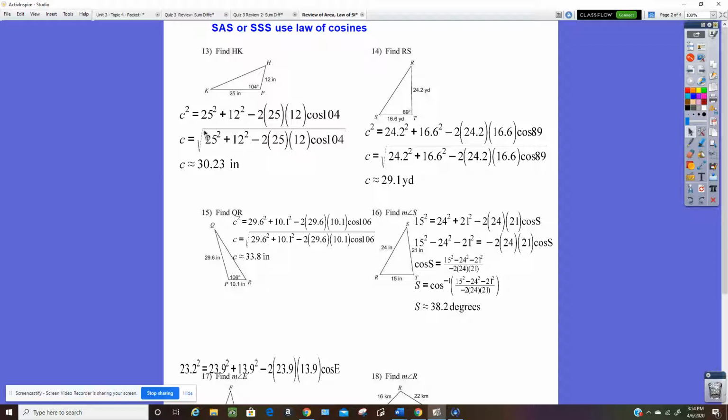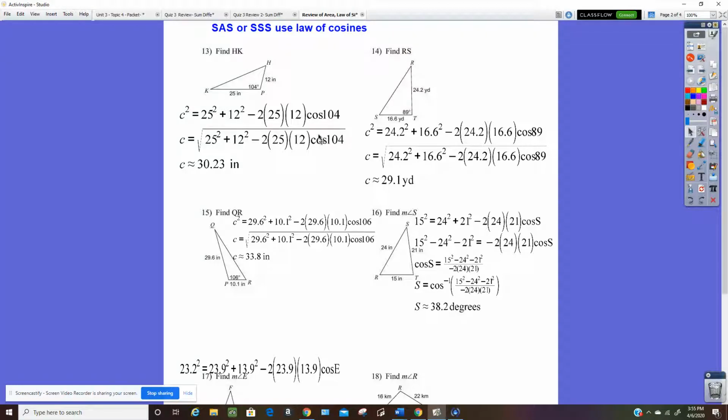And then to find C, you have to take the square root of that whole expression there. And you have C is 30.23 inches. So make sure when you go on the calculator that you're doing the square root of everything there. In other words, get everything under the radical.